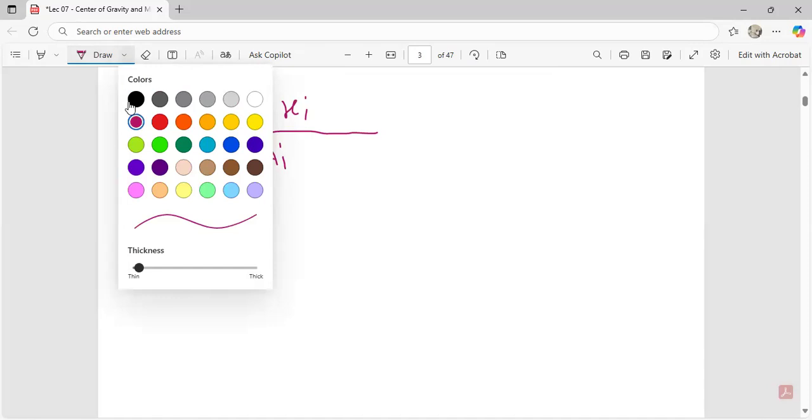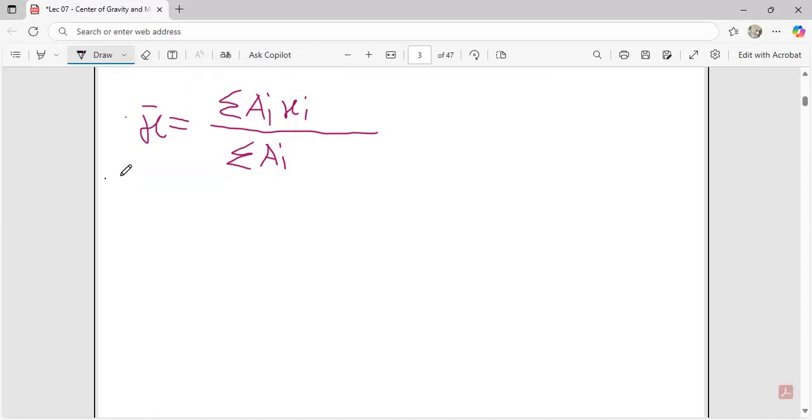From that, let's quickly substitute our equation into the formula and then we see how best we can move.